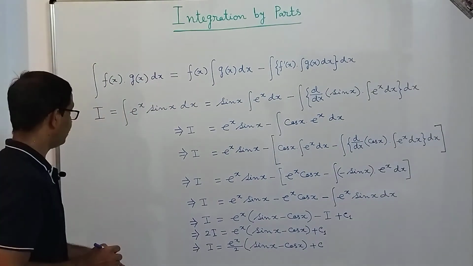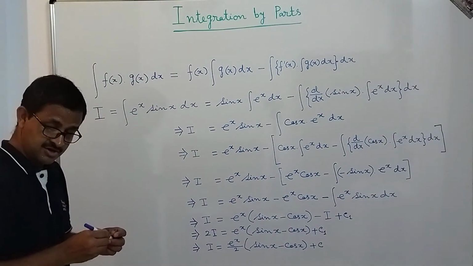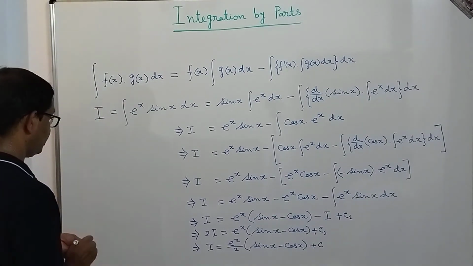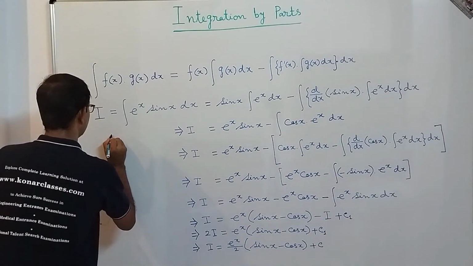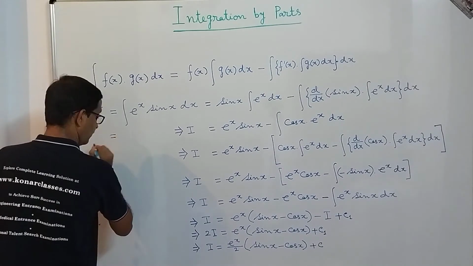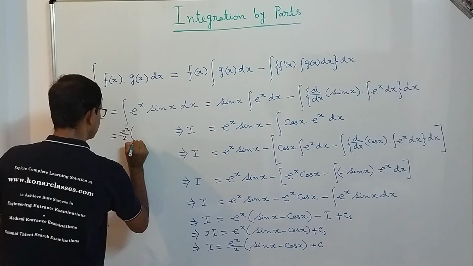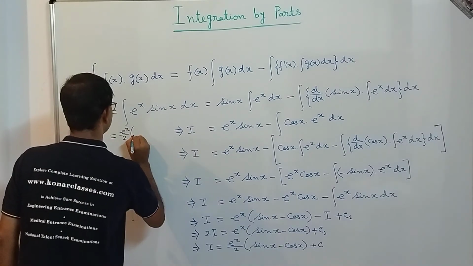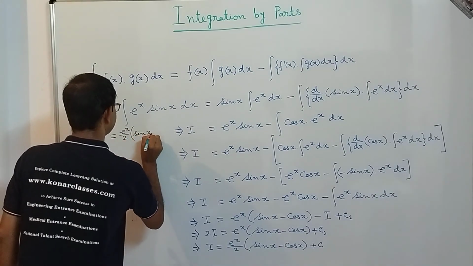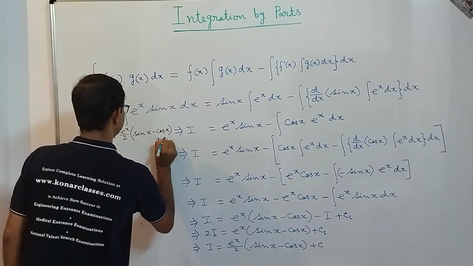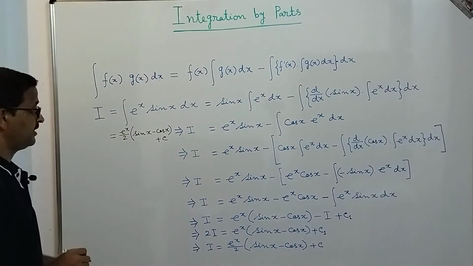So dear students, whatever has been given to us, to find the integration of e^x sin x dx, we get that value as e^x by 2 into (sin x minus cos x) plus one integrating constant c.